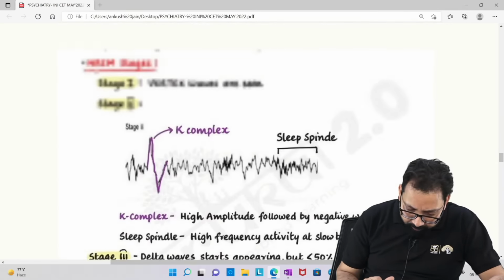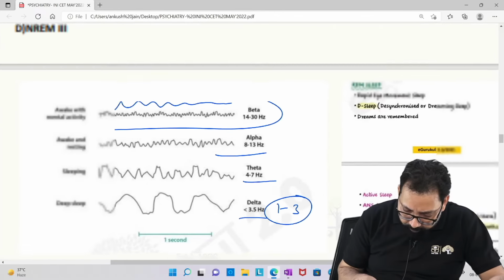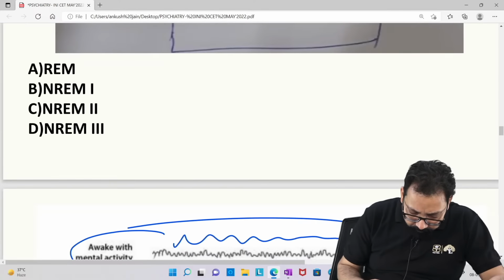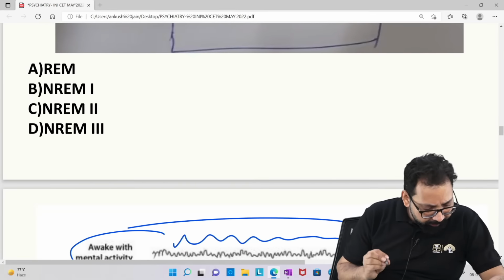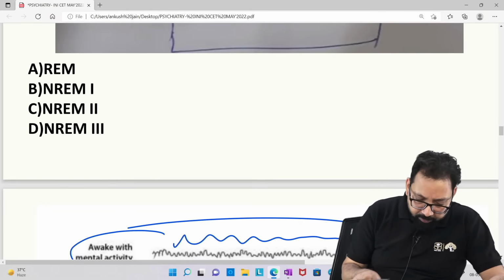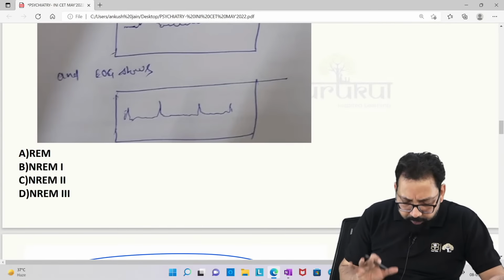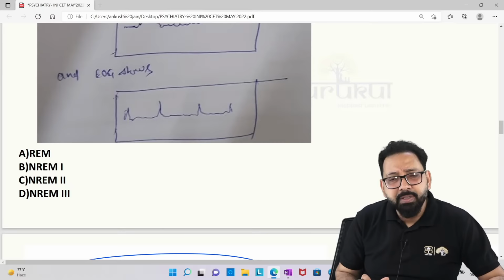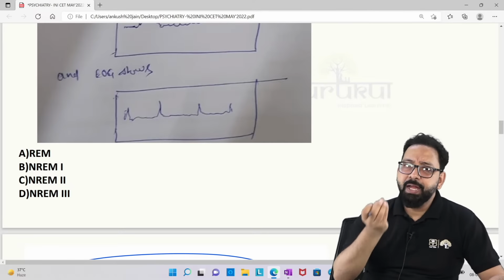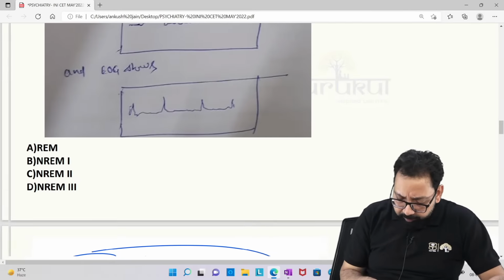The options were very good: NREM 1, 2, 3 and REM. So definitely the answer would be REM. Many times when picture MCQs are asked, nobody can tell you the exact picture, so let me tell you a little bit.